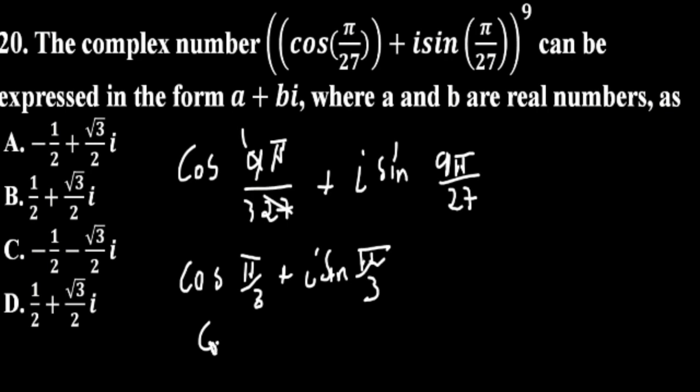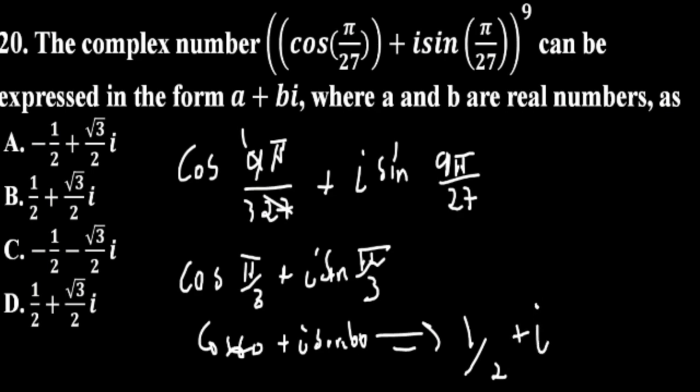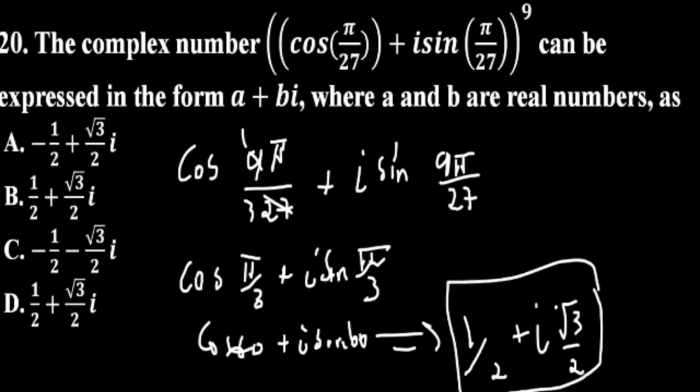So this will be cos 60 plus i sine 60. Our cos 60 will be a half, now plus i, our sine 60 is root 3 on 2. So looking at this, the correct answer will be option D. So option D is the correct answer.